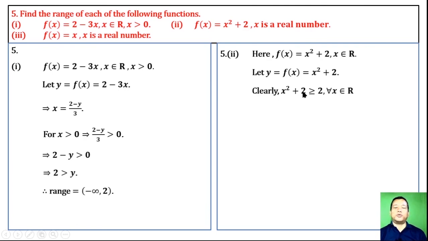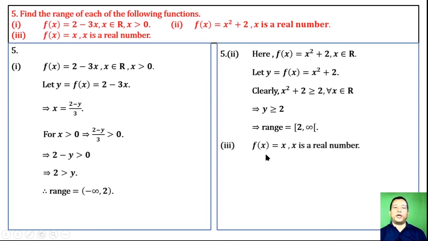Clearly, x square plus 2 is greater than or equal to 2 for all x belonging to R. Therefore, y should be greater than or equal to 2. Therefore, the range is the interval [2, infinity).